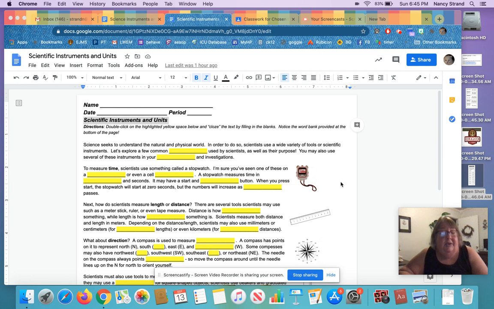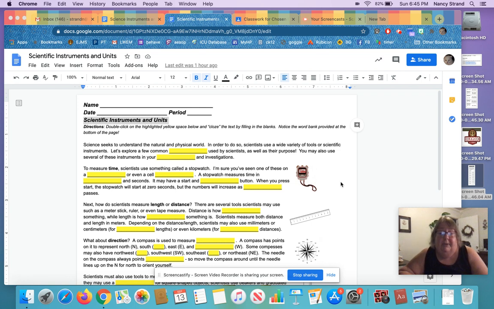Next, how do scientists measure length or distance? There are several tools scientists may use, such as a meter stick, a ruler, or even a tape measure. Distance is how far something is, while length is how long something is.